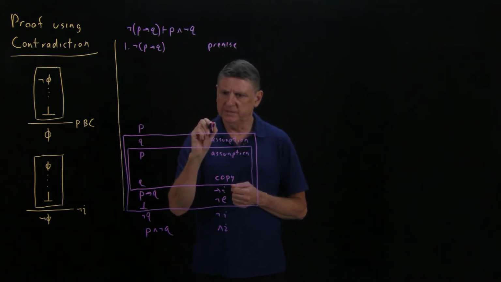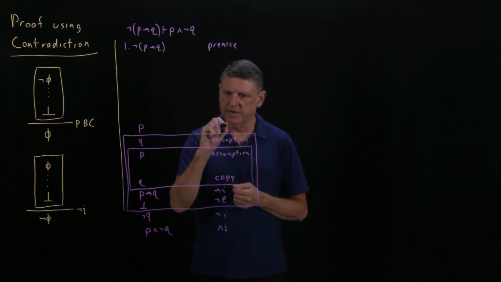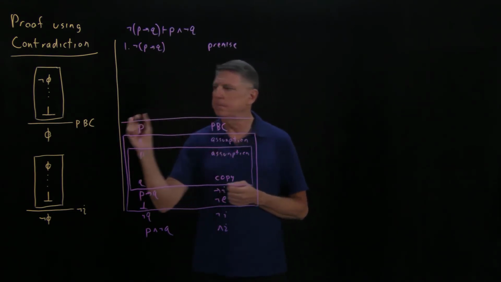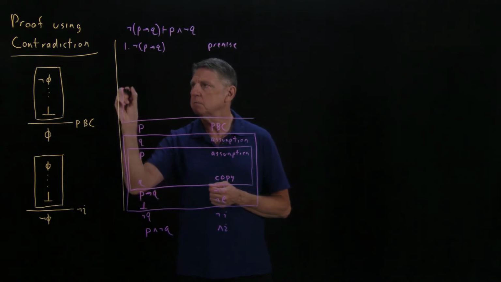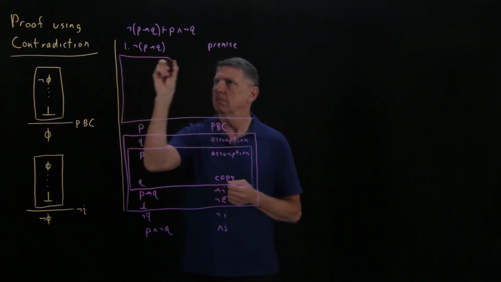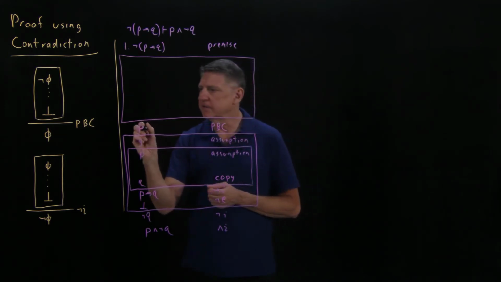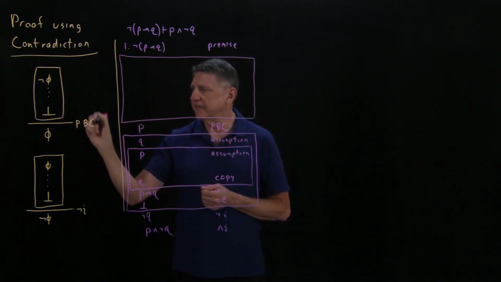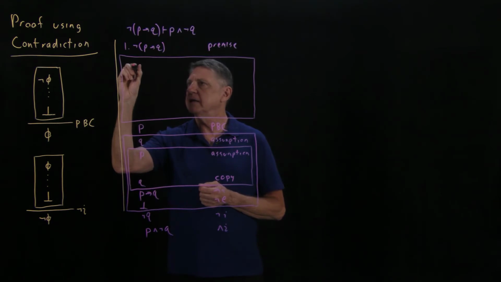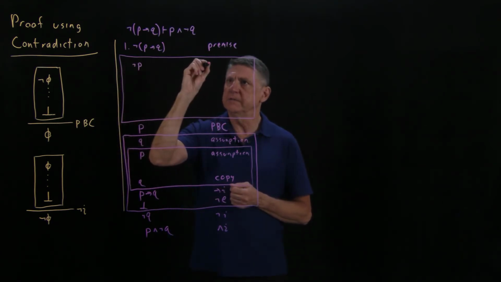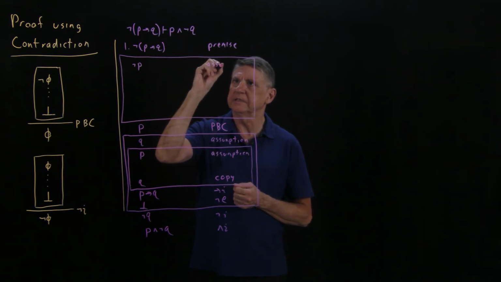So the reason for doing this is proof by contradiction, and I open up a box, and I fill in the top line of the box, which is the negation of the goal, so that is not P, and the reason for it being present is it's an assumption.